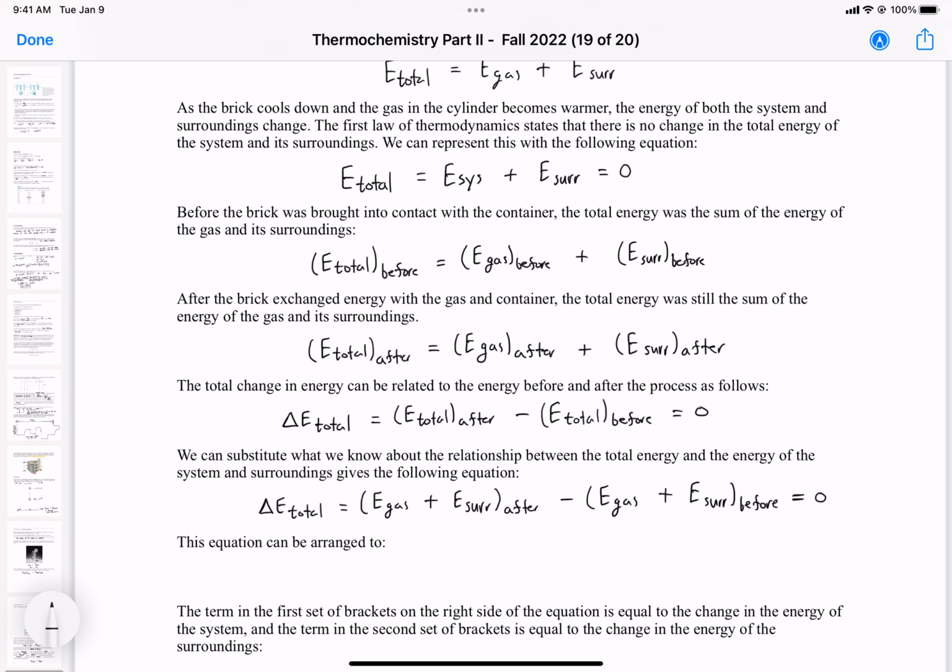And now we can rearrange it, right? We can rearrange the like terms here, which is the gas.